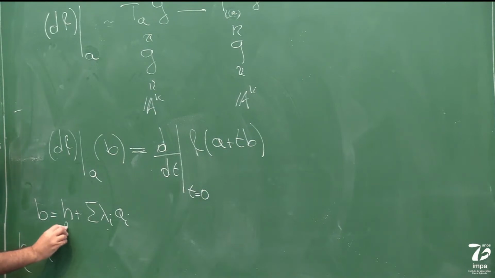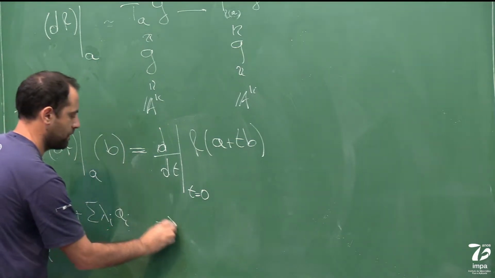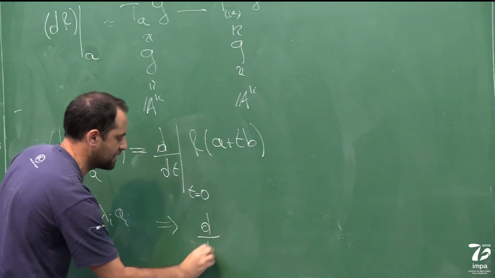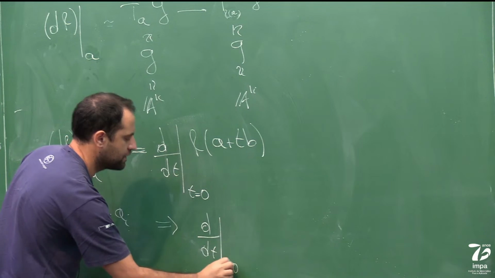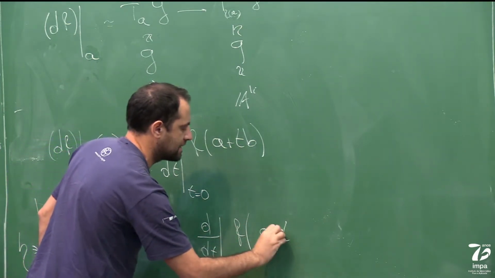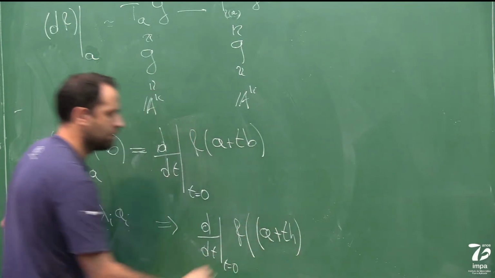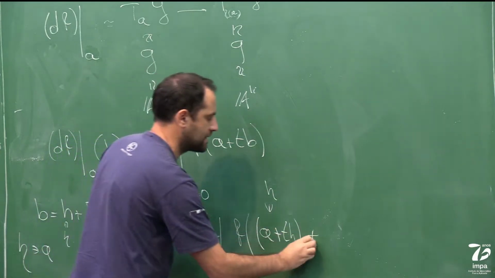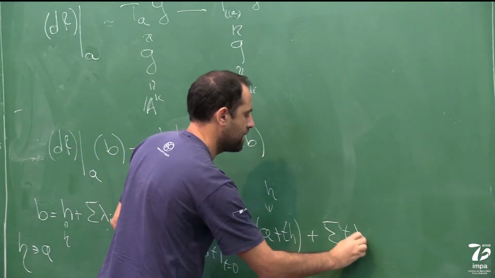H is in the Cartan subalgebra, and these AIs are my basis for the remaining part of the Lie algebra that I've chosen. So this thing looks like the derivative with respect to t at t equal to 0 of f evaluated at A plus t times H, which is the part inside the Cartan subalgebra, plus the sum of t lambda I AI.